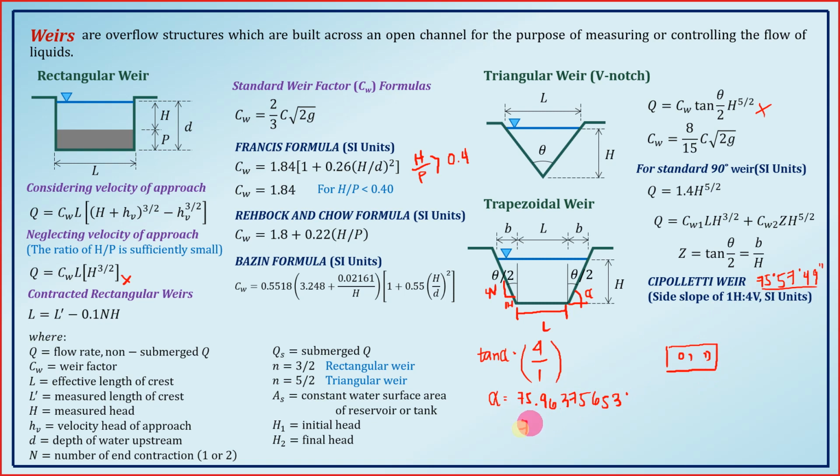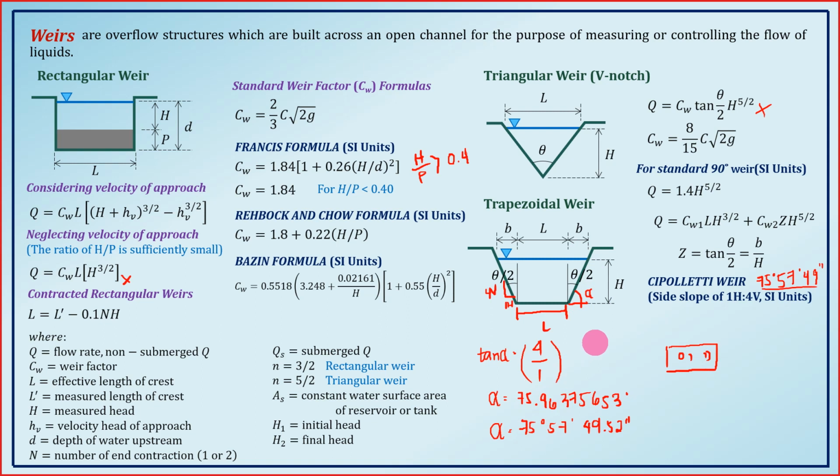We have 75 degrees, 57 minutes, and 49.52 seconds. Ayan. So, yung iba sa problems, ganito na lang yung ginagawa, 49. Or, ito, yung mas kompleto, 0.52. Yan yung inclination ng side slope ng ating Cipolleti weir.